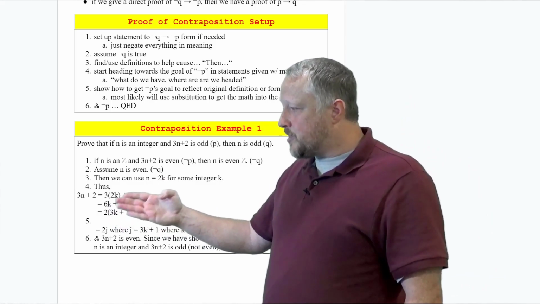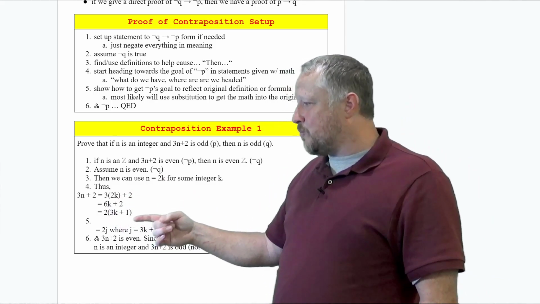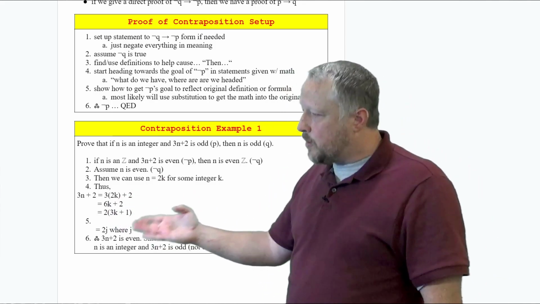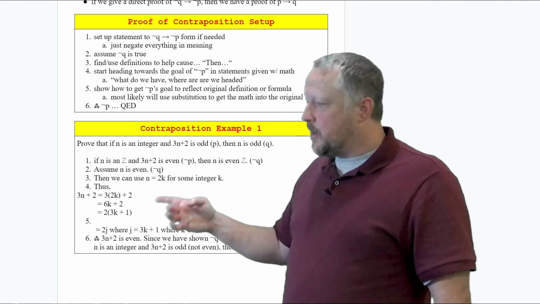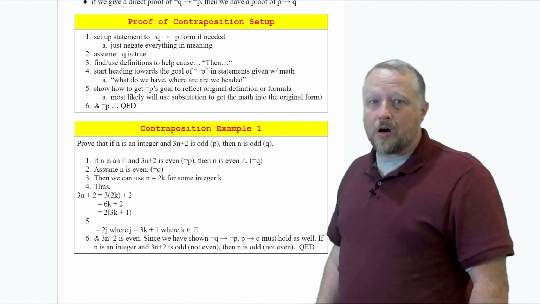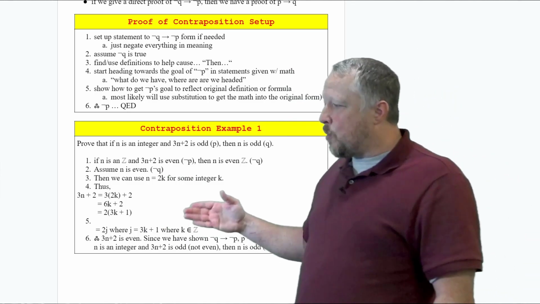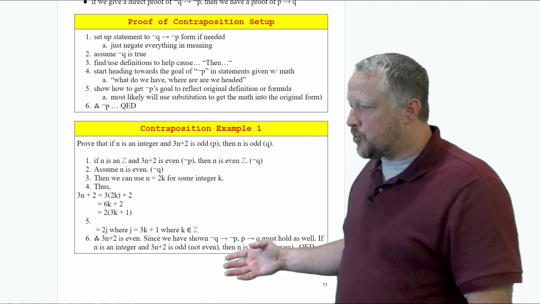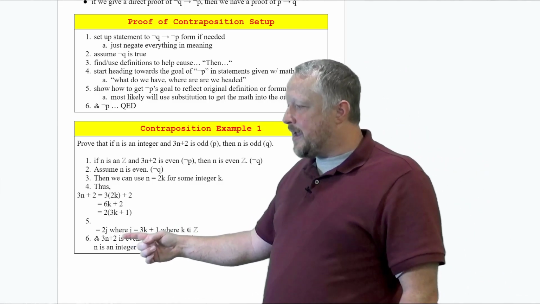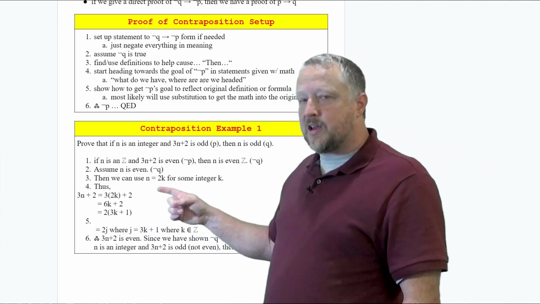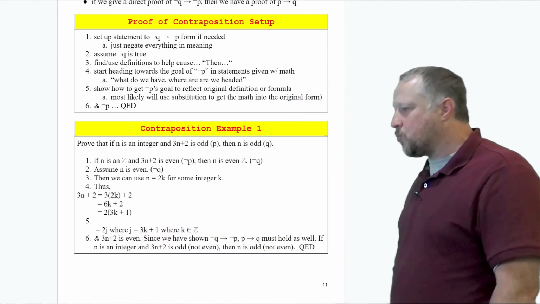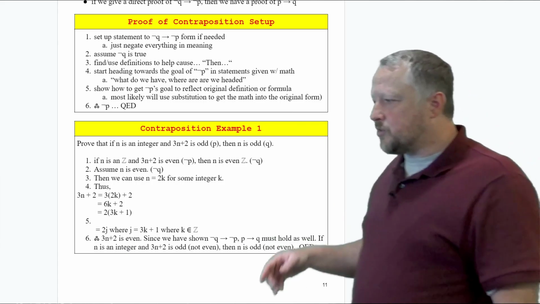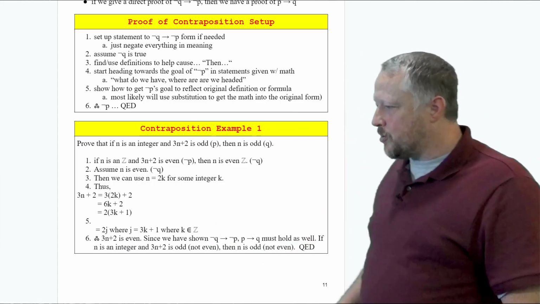Well, we do some very simple multiplication and then some factoring back out, and darn if we don't have that form of 2 times something, which is exactly what we're looking for on our even. And that's part 5 as we do our substitution, where 2j is the same form as 2k, and that's where j is equal to k plus 3 plus 1, or 3k plus 1, sorry about that, where k is an integer.